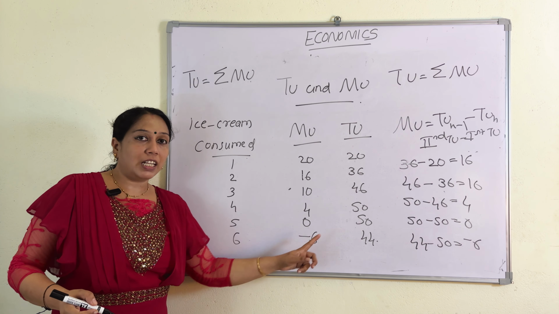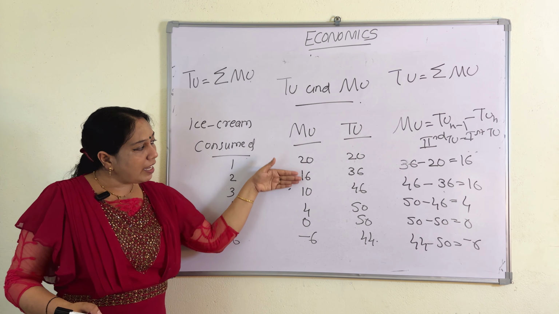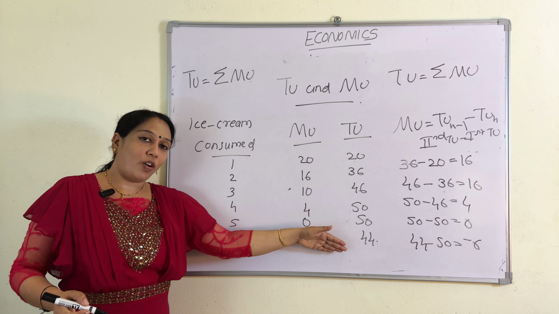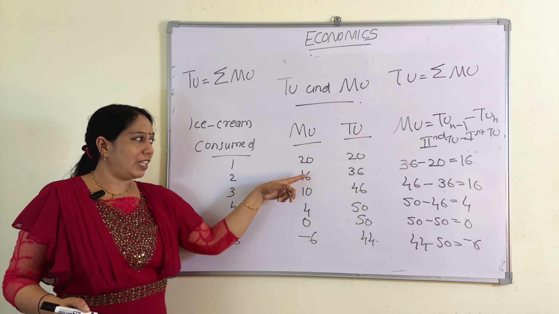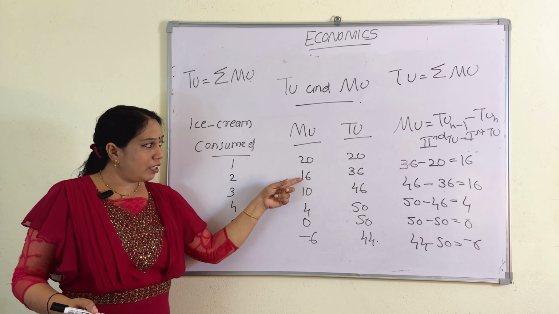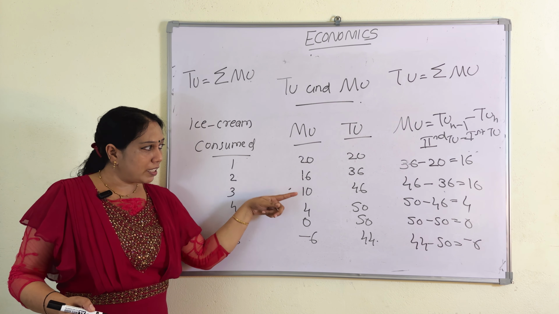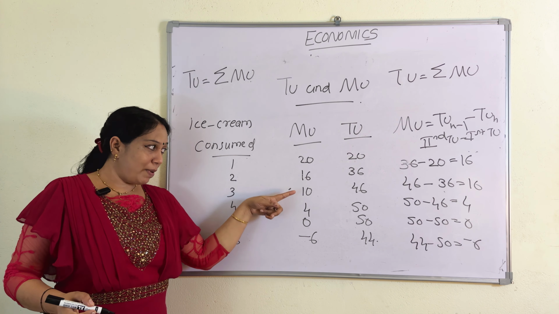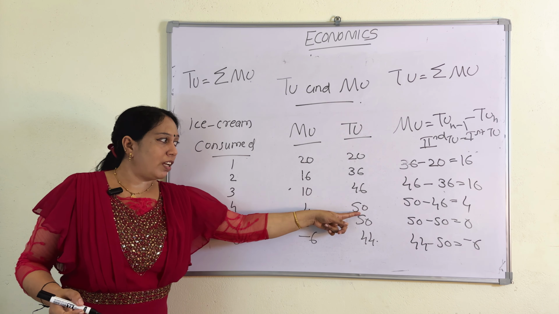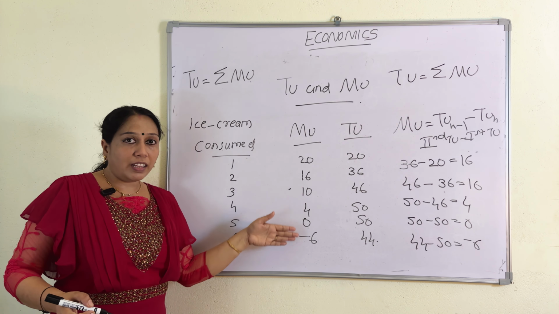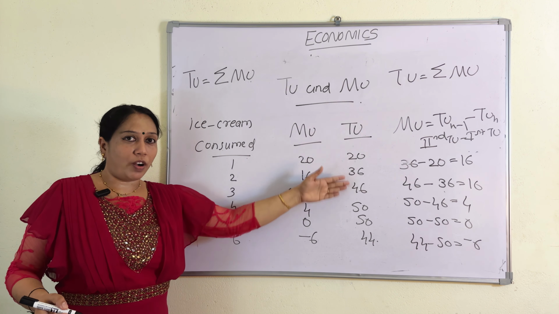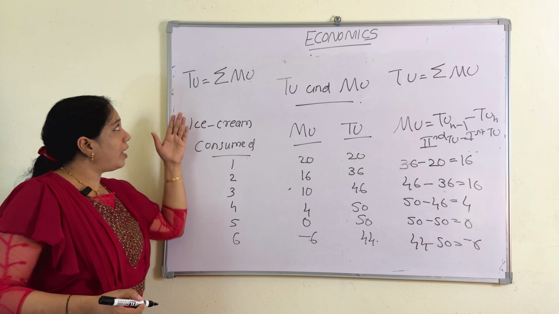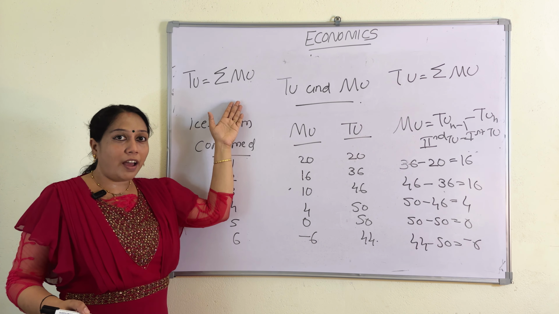Then 50 minus 6, 44. So by adding each one, we will get the total utility. So total utility is equal to sigma MU.